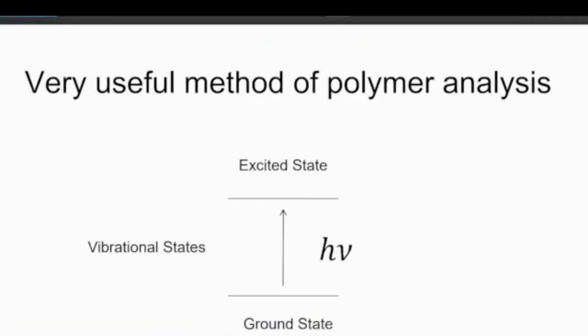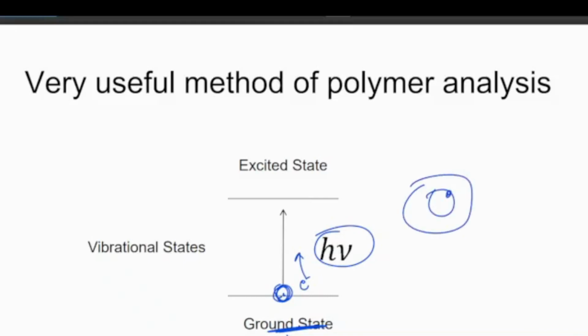And how will you do this polymer analysis? What happens is that in the ground state, when you give energy, they come to their next excited state, because when an electron gains energy, it tries to move its orbit to the next excited state.